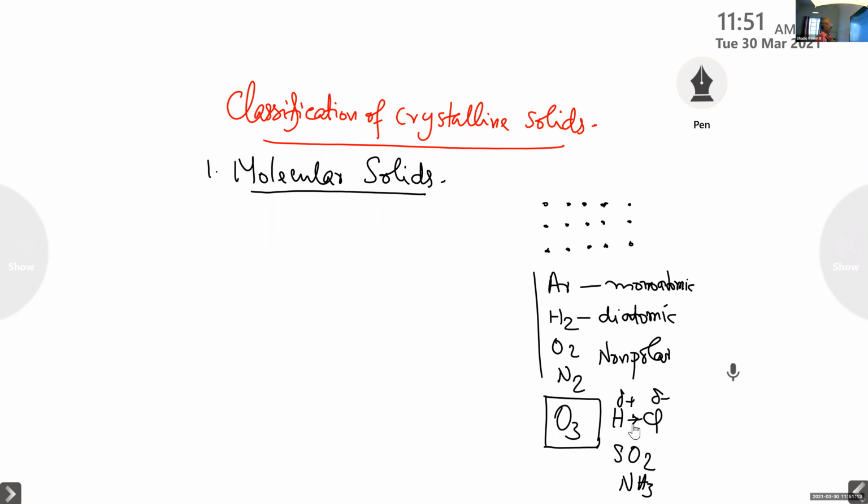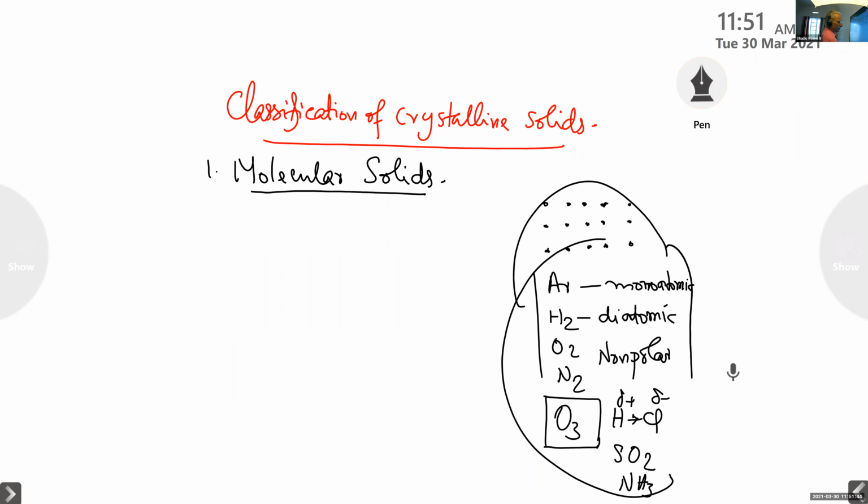Anyhow, all these solids have low melting points. They are either gases or liquids. If it is a solid, it will be very smooth with a very low melting point. They are also insulators of electricity. So that's about the molecular solids.